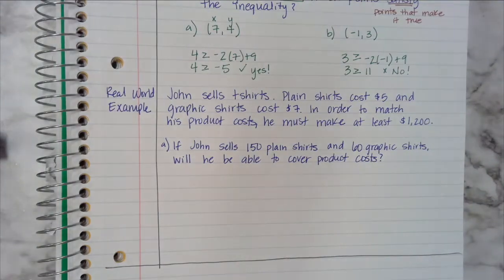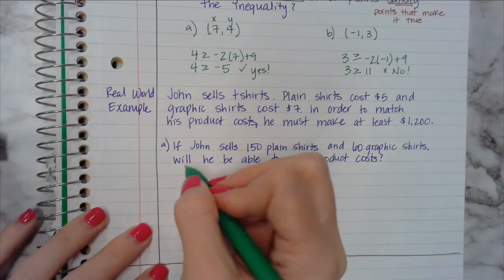In order to answer this problem, we need to write an inequality to represent the situation, and then substitute these values for plain shirts and graphic shirts into our inequality. And so first step is to write an inequality.